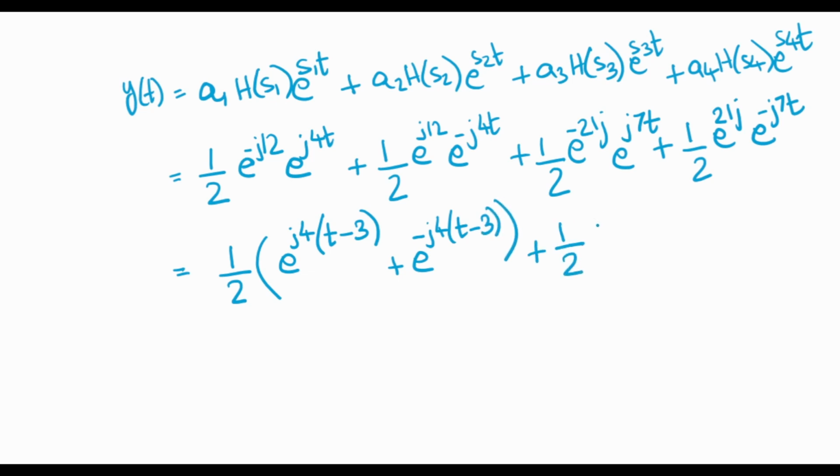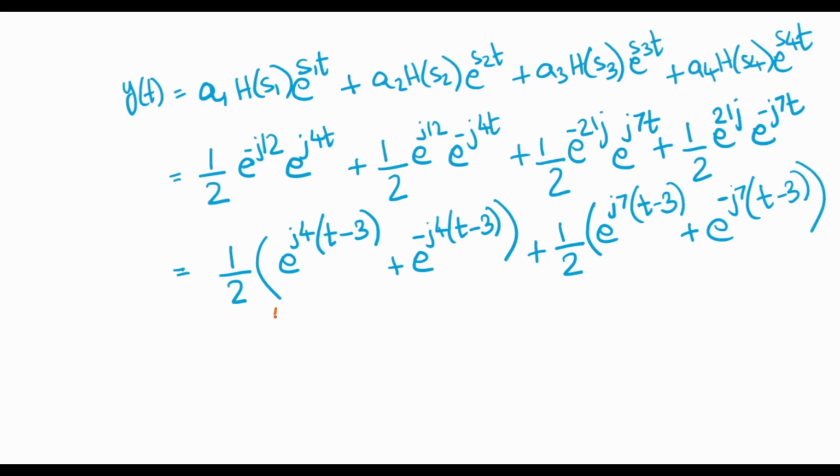Taking half common from these last two terms and taking e to the power j7 common, inside the brackets I would have t minus 3, plus e to the power minus j7 t minus 3.